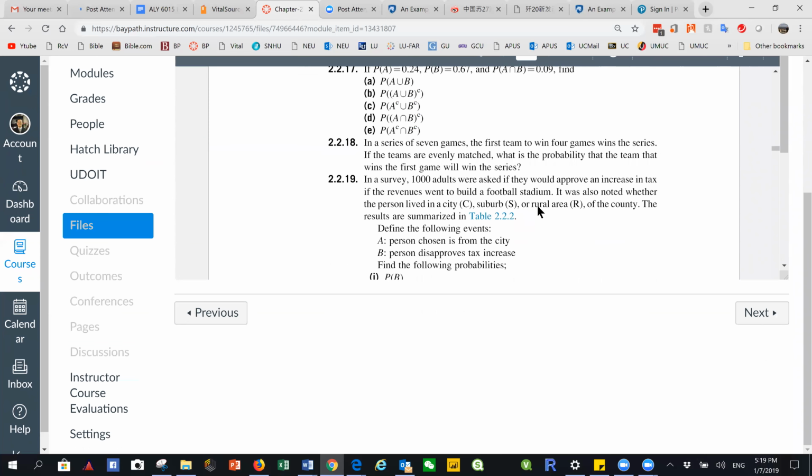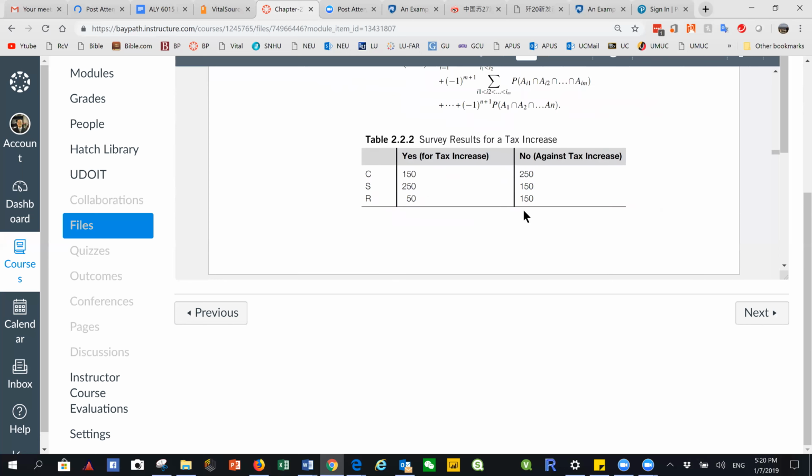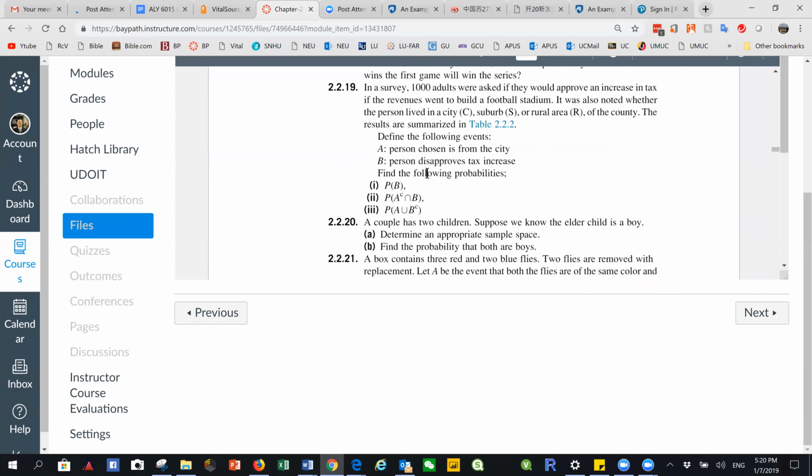Now, what the question is asking you is what's the probability of B? A is a person chosen from the city. B is a person who disapproved of the tax increase. So what's the probability of B? That's obvious.